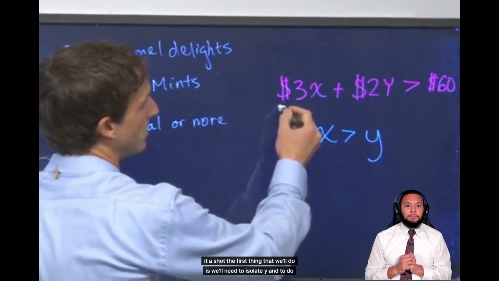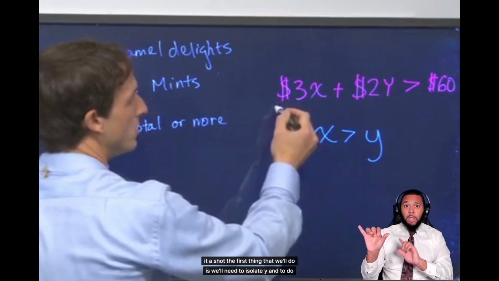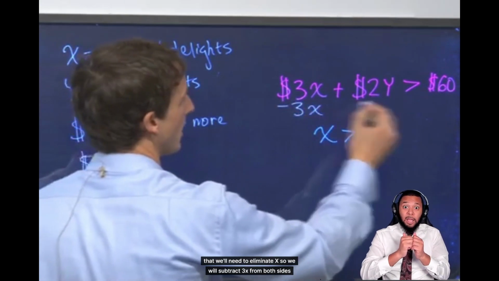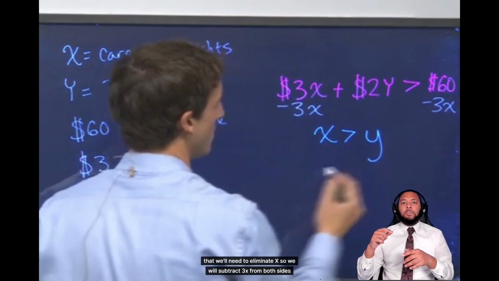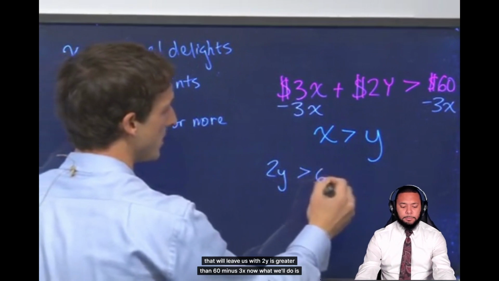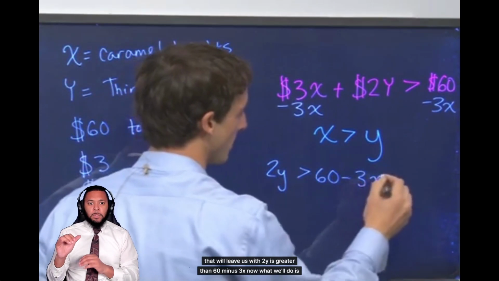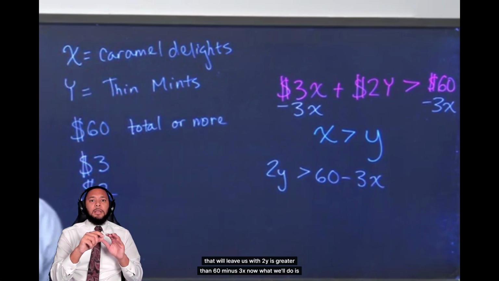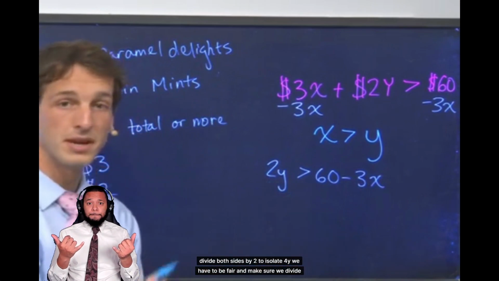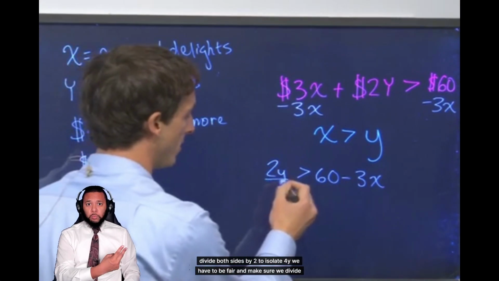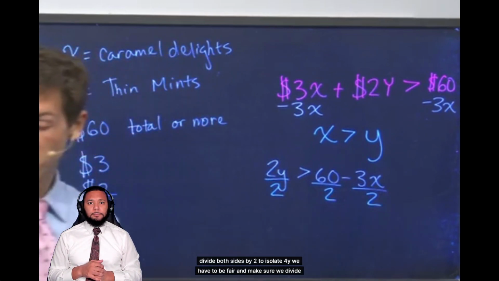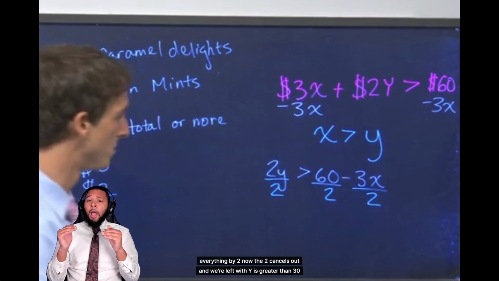The first thing that we'll do is we'll need to isolate Y. And to do that, we'll need to eliminate X. So we will subtract 3x from both sides. That will leave us with 2y is greater than 60 minus 3x. Now what we'll do is divide both sides by 2 to isolate for y. We have to be fair and make sure we divide everything by 2.